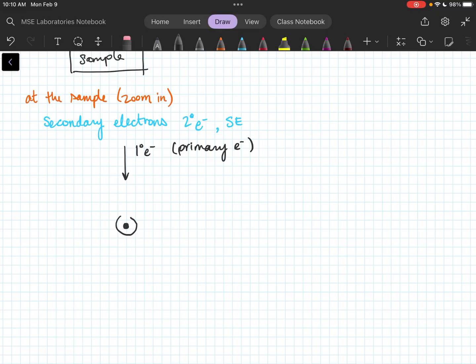Here's my nucleus. So we've got our various orbitals around a nucleus of an atom, right? We know that this isn't exactly how atoms look, but it's the easiest way for me to draw it.